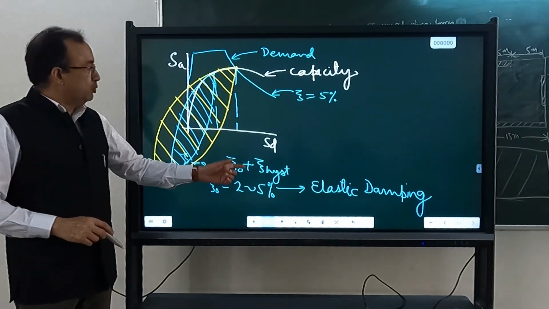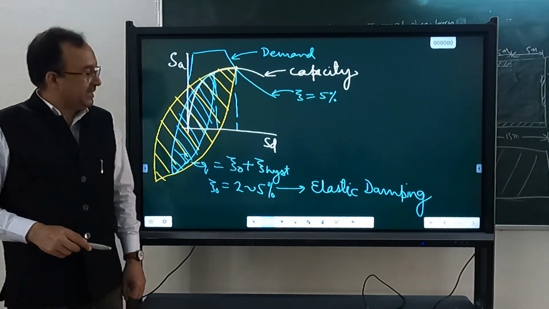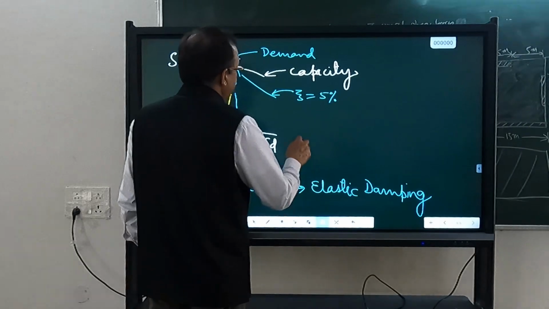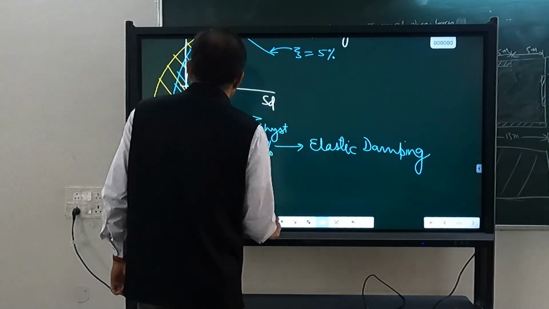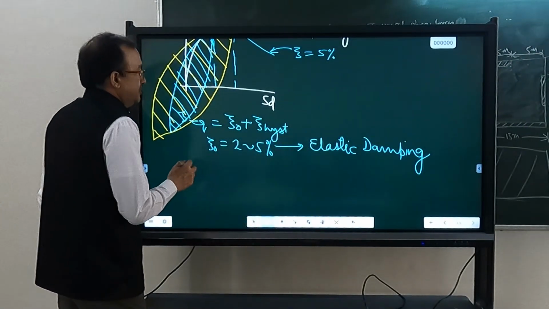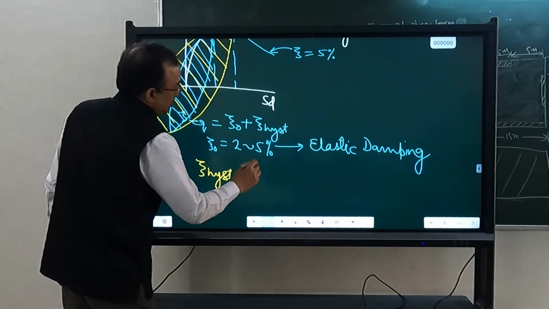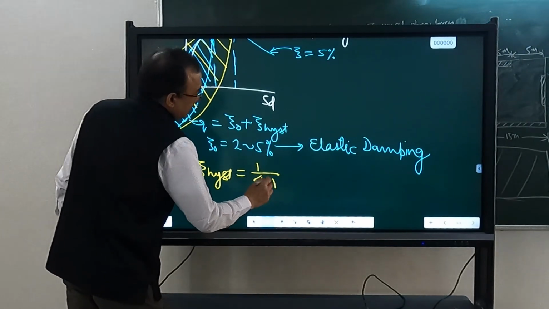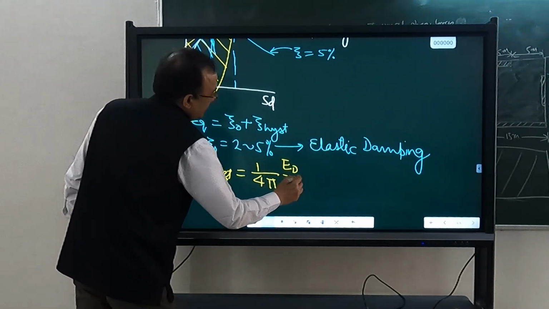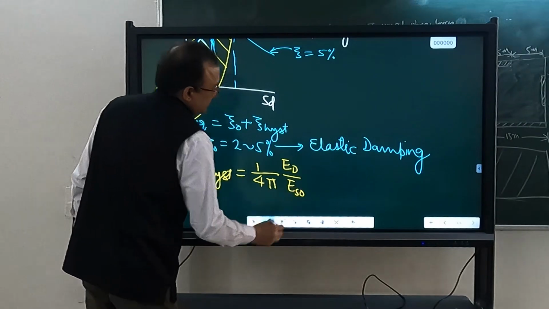So I need to calculate xi hysteresis. For xi hysteresis, there is a simple relationship given by Chopra in his book. Xi hysteresis we can calculate as 1 upon 4 pi times ED over ES naught.